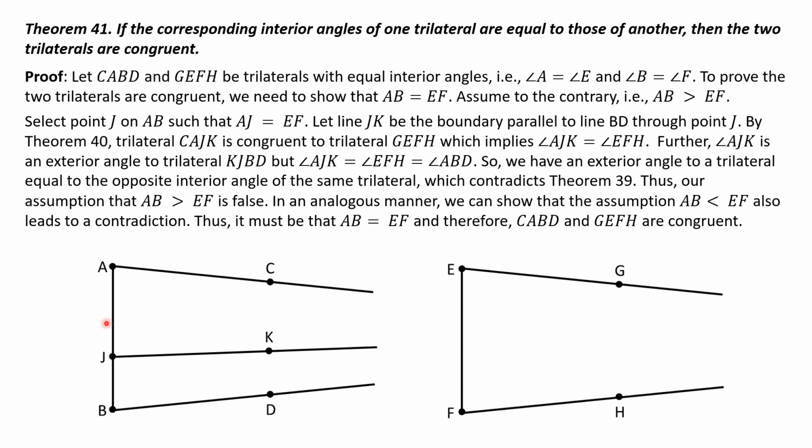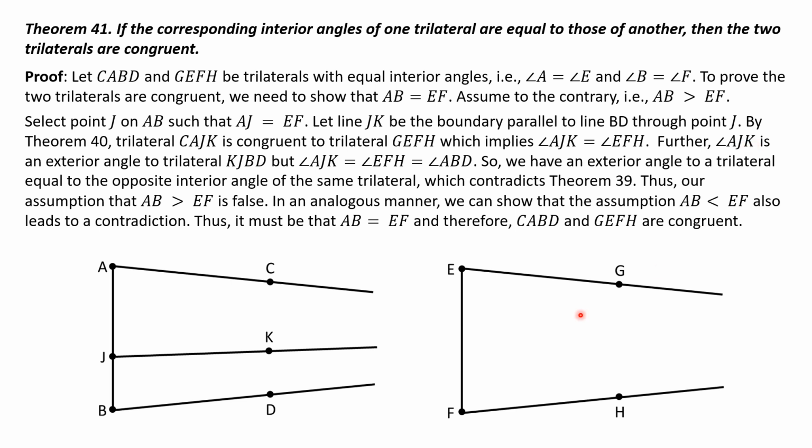So that's by angle side. That's what we proved in the last slide. And so we have congruence there. And then since these two trilaterals are congruent, we have that angle AJK is equal to angle EFH.